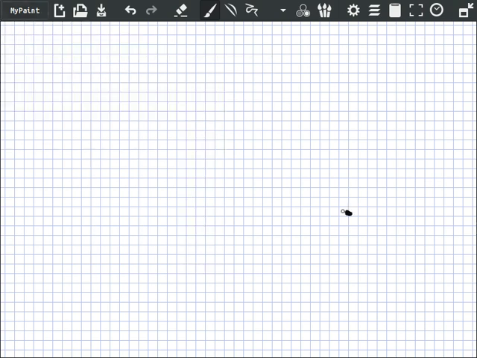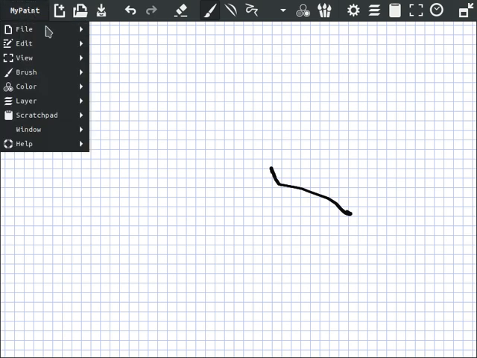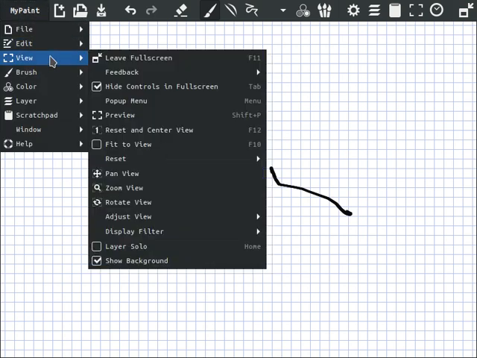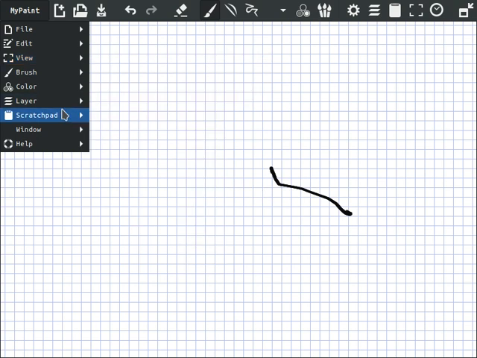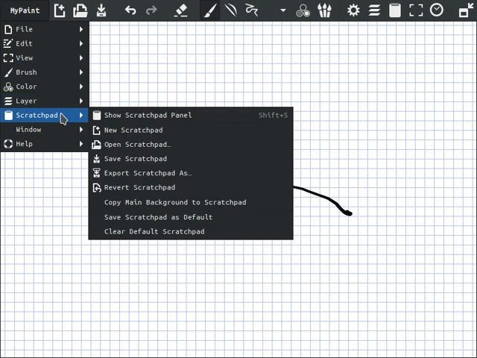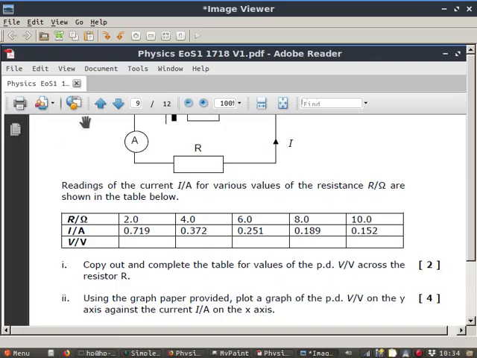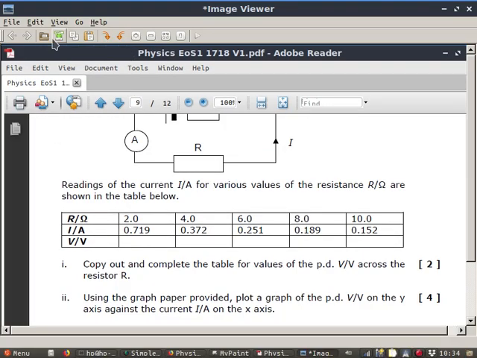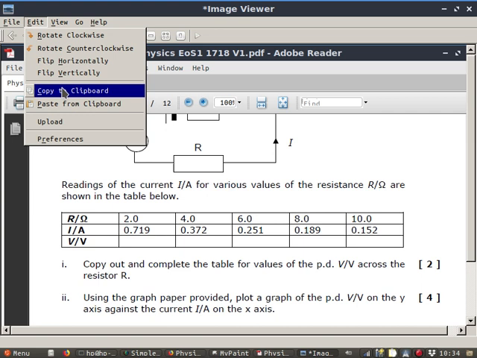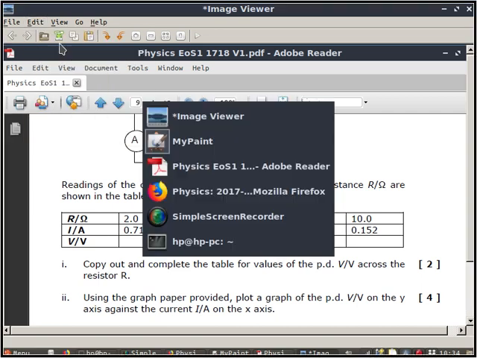Okay, where did it go? Maybe it's in Scratchpad. Undo paste thing. So there is a paste. Copy to clipboard. Paste from clipboard.